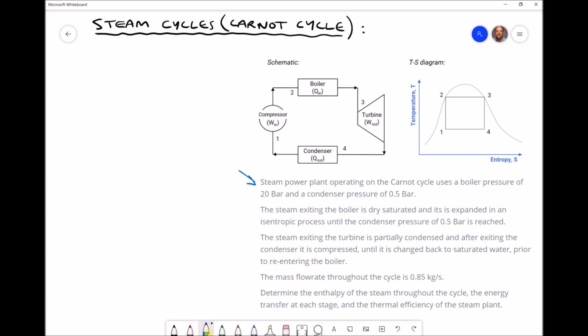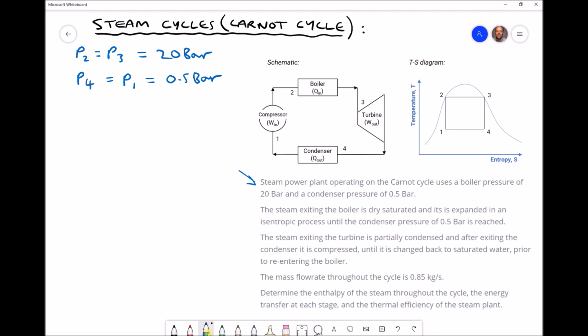The very first statements we can write then are P2 equals P3, and we know our boiler pressure is 20 bar. Repeating that for the condenser, P4 equals P1, and they both equal 0.5 bar.